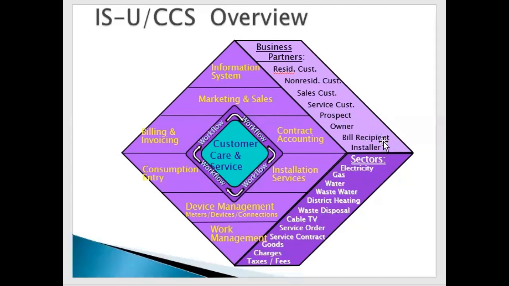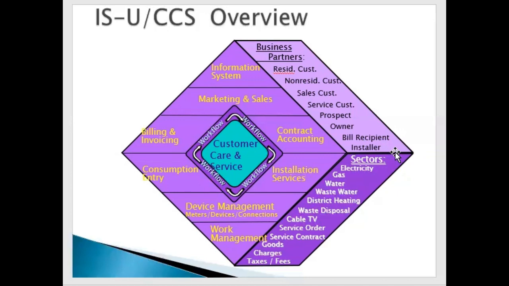Owner, again, is a different concept. For residential customers, there are two types of customers: one is owner, one is tenant. So in that we have an owner concept, and bill recipient is who is getting the bill. Okay, now bill recipient and the customer may be different.